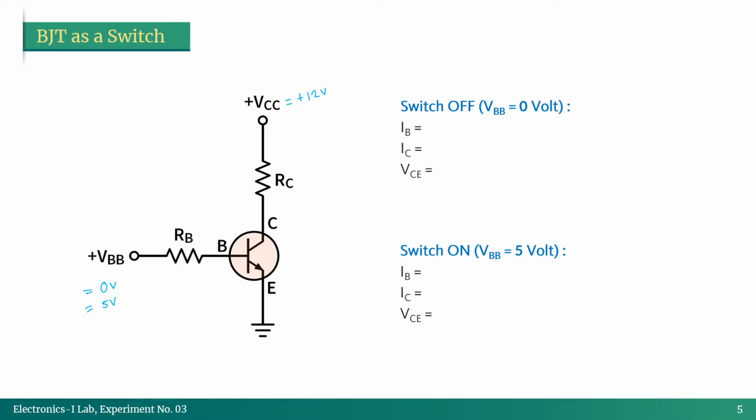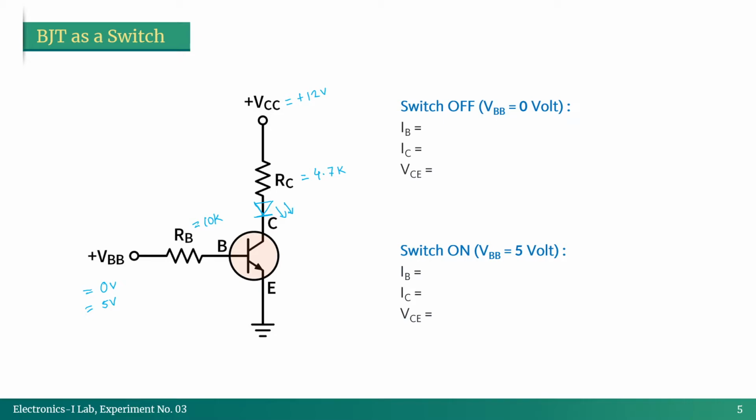Then the particular values for these resistors: RC is equal to 4.7k, RB is equal to 10k, and there is also another thing here, which is the LED, just to verify that our circuit is properly turning on or off. That means whenever our LED is turning on, we know that our circuit is turned on, and in the other case it's turned off, right? So that's why there's an LED.